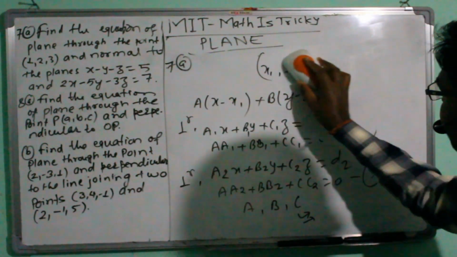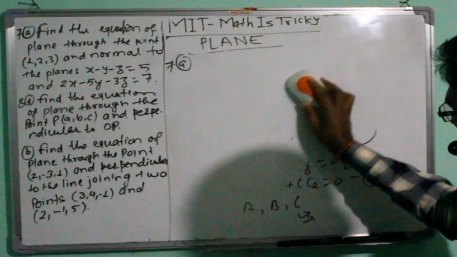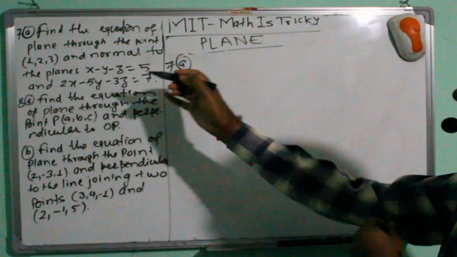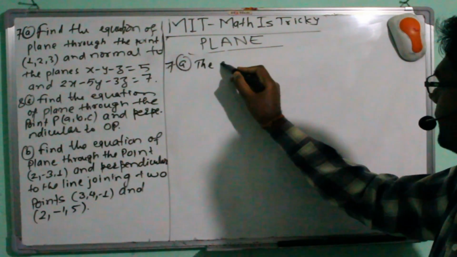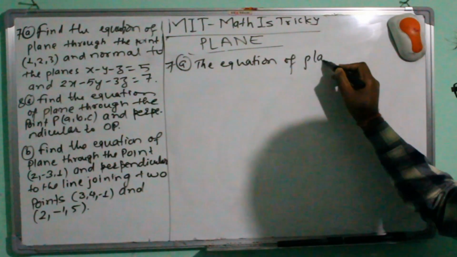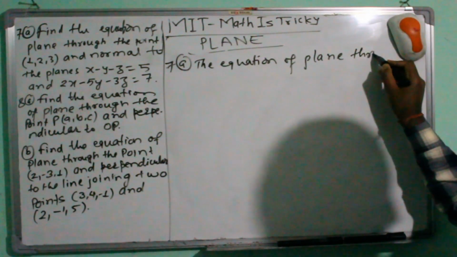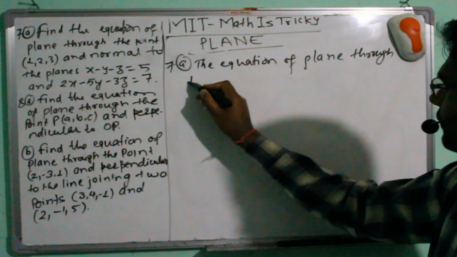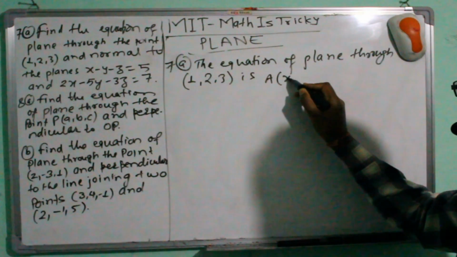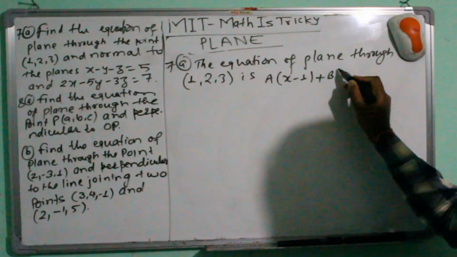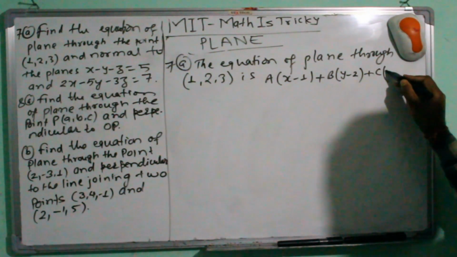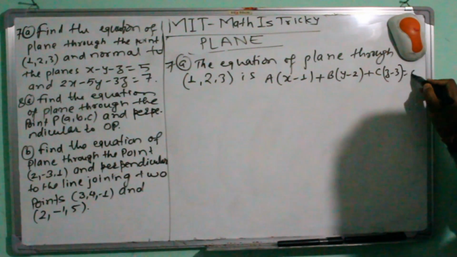Okay, so let's start the problem. Here we are given the passing point is 1, 2, 3. So the equation of plane through point 1, 2, 3 is a times (x minus 1) plus b times (y minus 2) plus c times (z minus 3) equals 0.